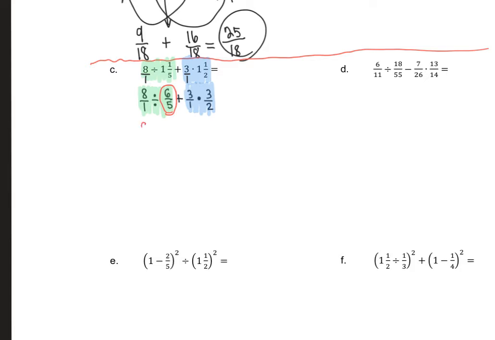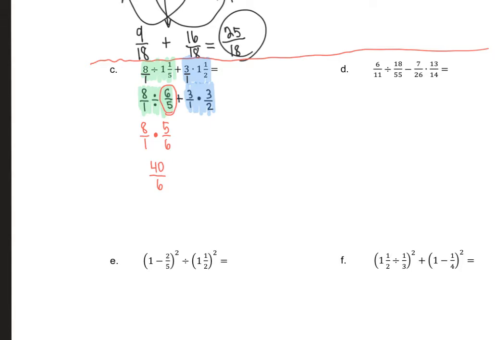So I get 8 over 1 times 5 over 6. So moving down, I'm just going to stick with that one. I get 40 over 6, and I can pause.